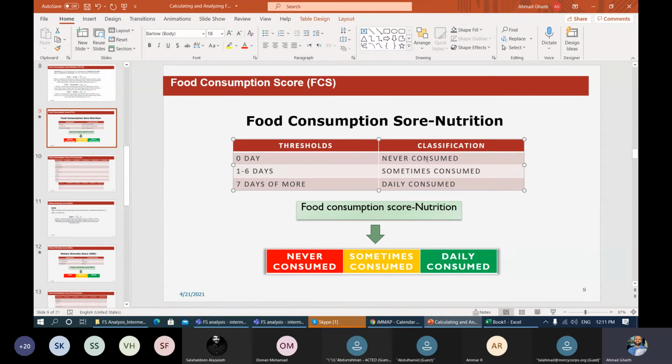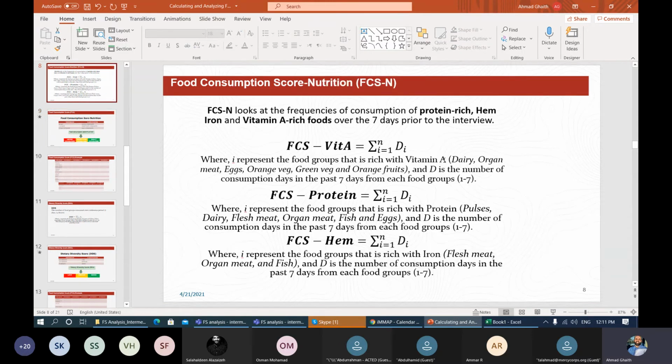0 is never consumed. And you could get 0 if you had a diet consisting of staples and oil, or staples and oil and something that is not an orange or green vegetable or fruit.